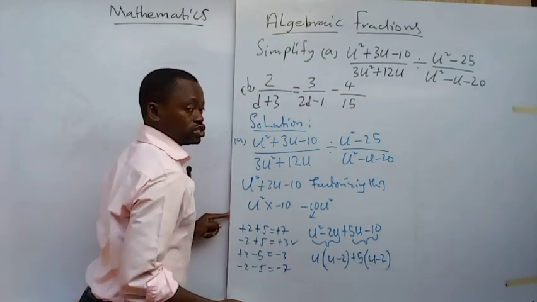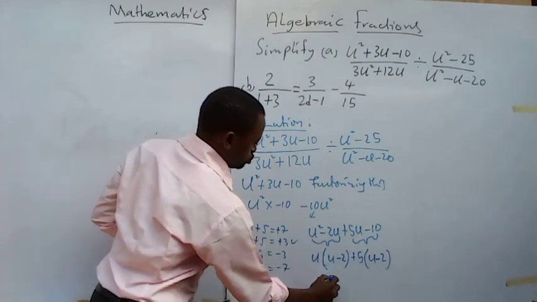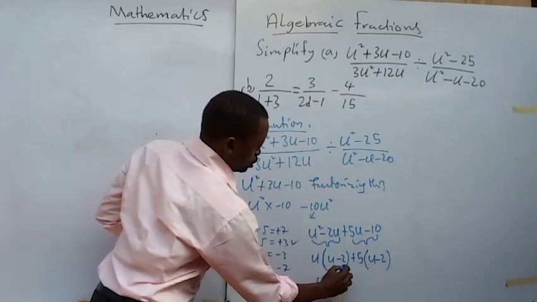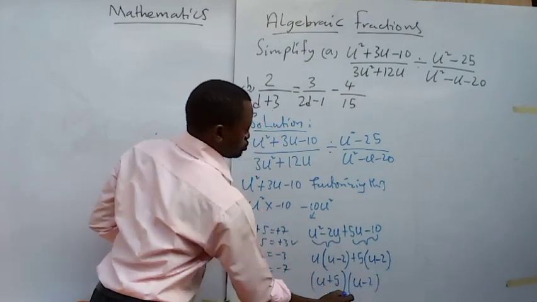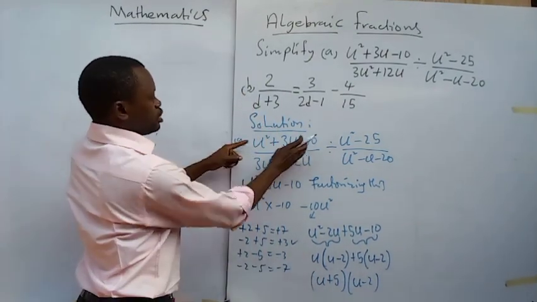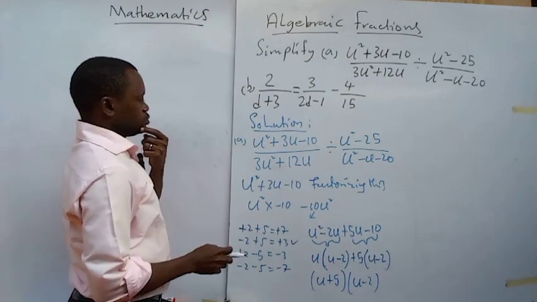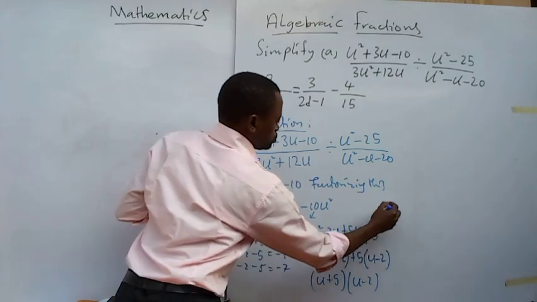So the factorization is complete. So we now have u plus 5 in bracket u minus 2. That's it. We'll keep it for this numerator.